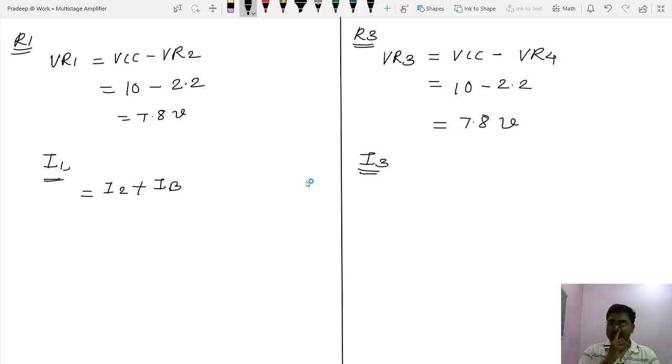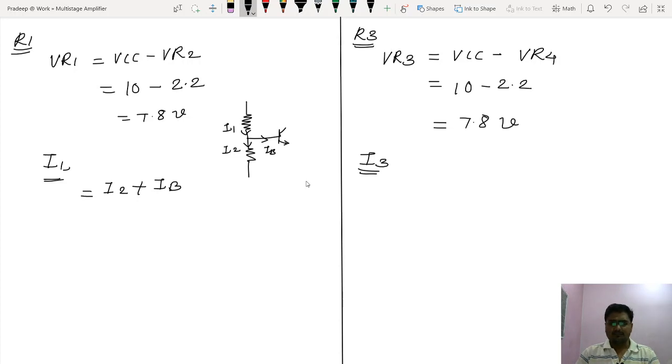Isn't it? Because resistor R1 is here, R2 is here, and this is the current flowing into the base. So obviously the current is the summation of this and this current. Look at this. This is IB, this is I2, and this is I1. By KCL, I1 is equal to I2 plus IB.